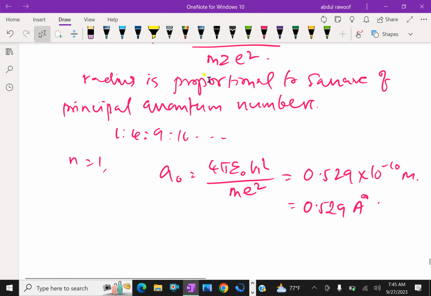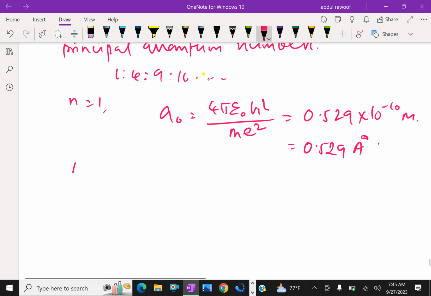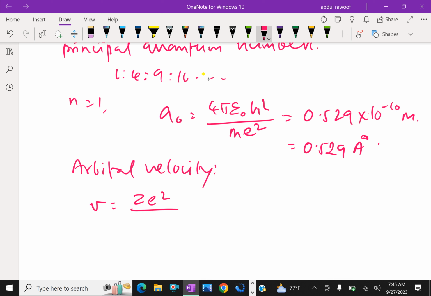Velocity of the revolving electron, that is orbital velocity. Orbital velocity v equals Z e squared over 2 epsilon 0 h, which is equal to Z e squared over 4 pi epsilon 0 h bar.